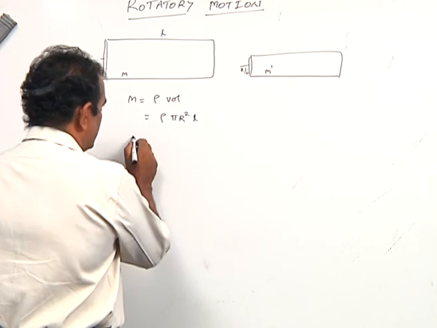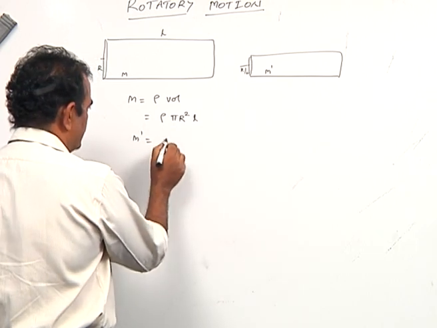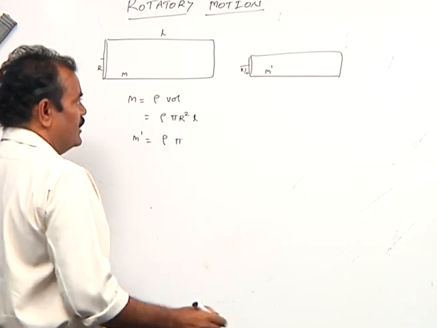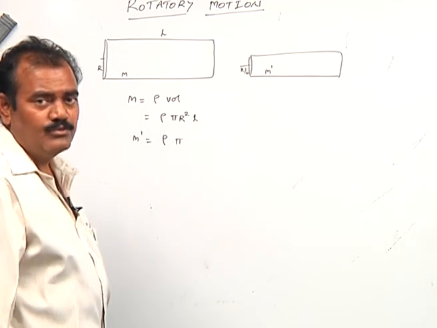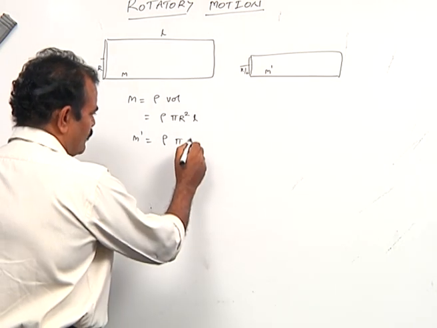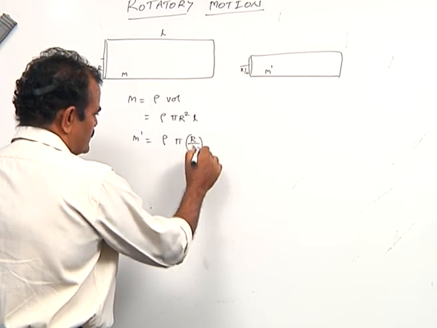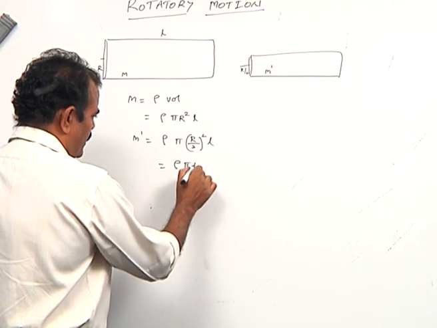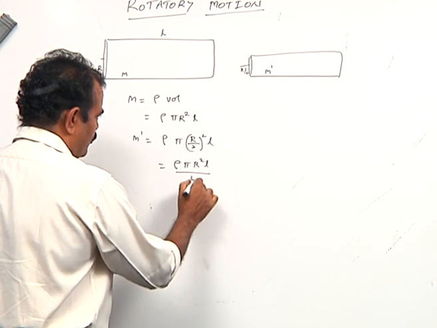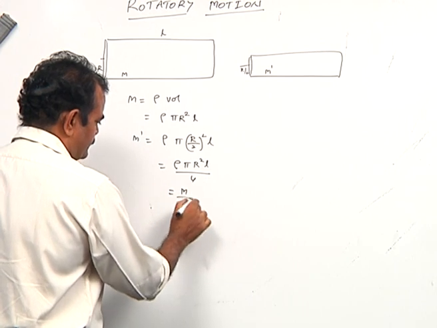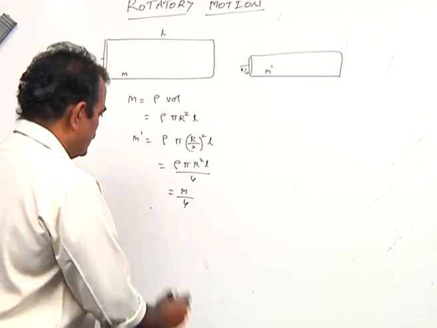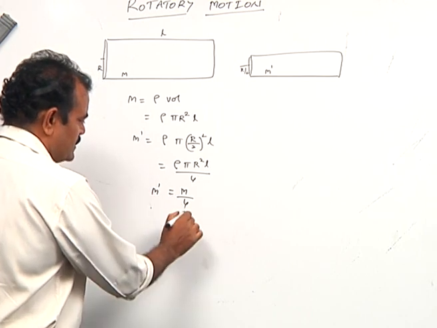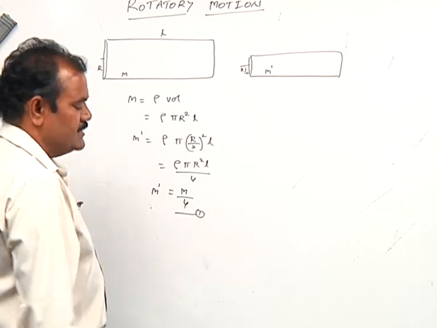In the second case, m dash is rho, the density will not change at all, times pi, and here the radius is becoming r by 2, so r by 2 whole square, and L. So it is rho pi r square L by 4, which is nothing but m by 4. So the relation between m dash and m is m dash equals m by 4. We consider that the first equation.